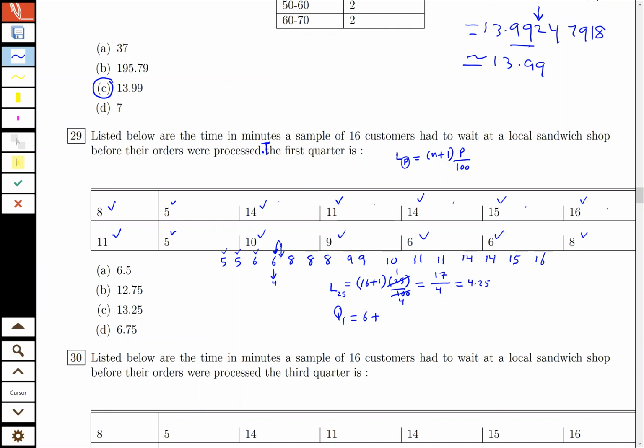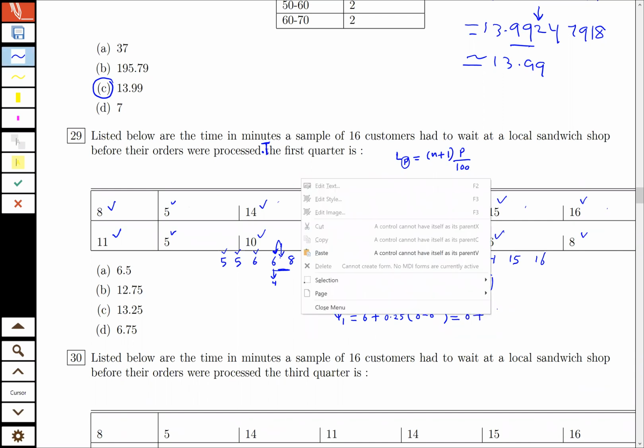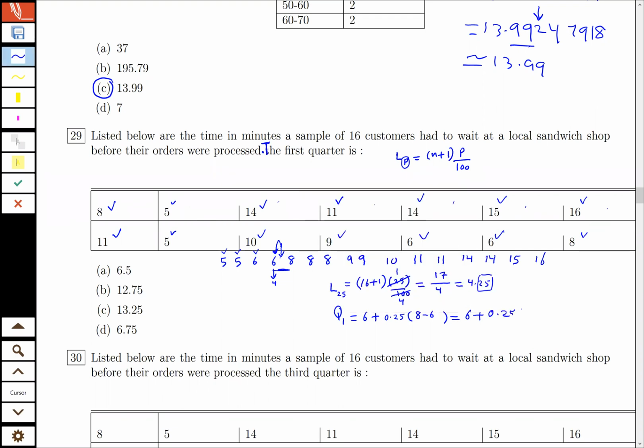So 6 plus 0.25 times the difference between 6 and 8, so 8 minus 6, which is 2. That will be equal to 6.5. So the first quarter is 6.5.